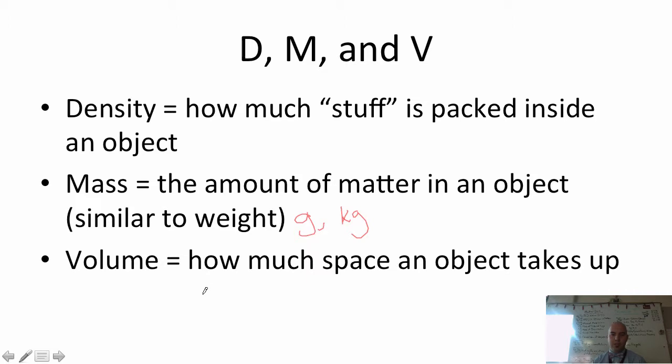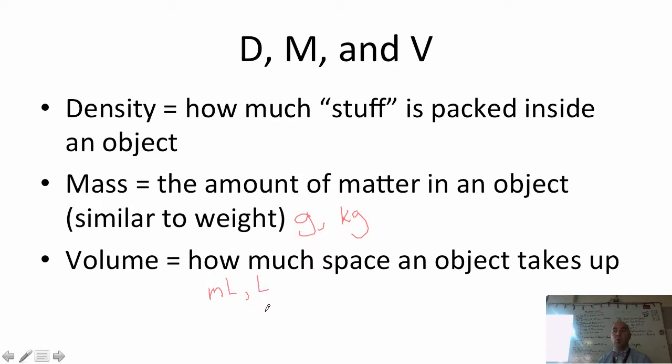But yeah, volume is just how much space something takes up. So if for lunch I have a 2 liter of Mountain Dew, the volume is how much space that liquid takes up. For a liquid, it's measured in things like milliliters and liters.